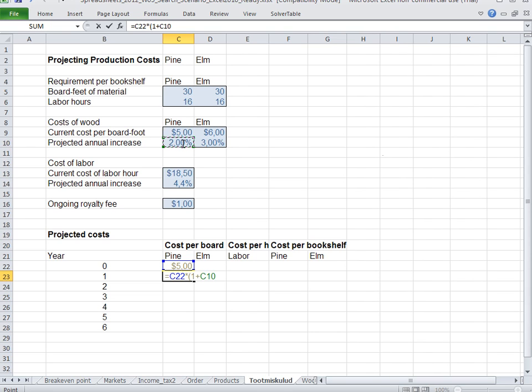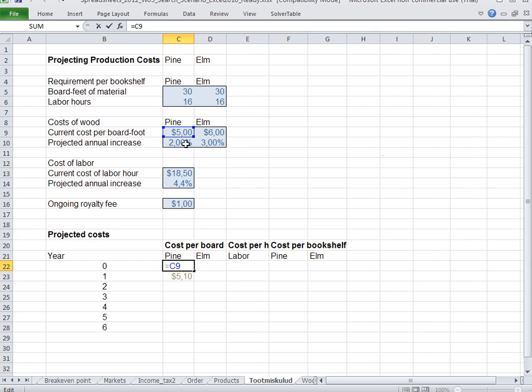Remember, 2% was 0.02. 1 plus 0.02 is 1.02, which means that, added together, this is going to be 102%. Remember that the previous formula just took the initial price.